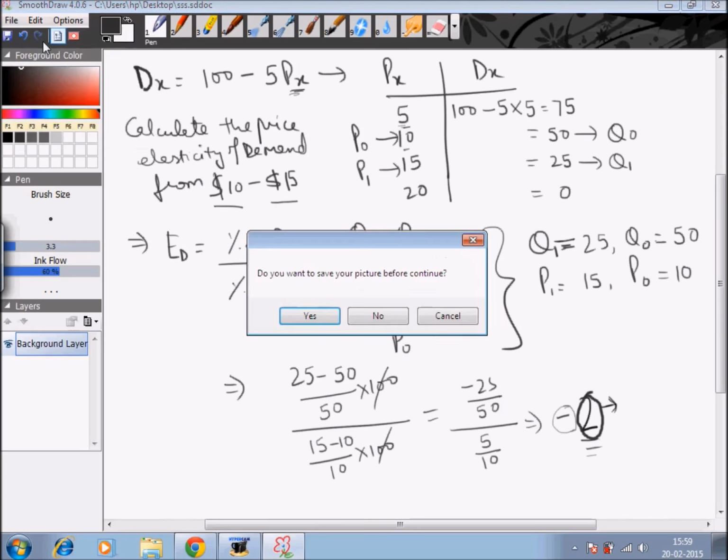Suppose we have the same demand schedule. Px is 5, 10, 15, 20 and dx is 75, 50, 25, 0.